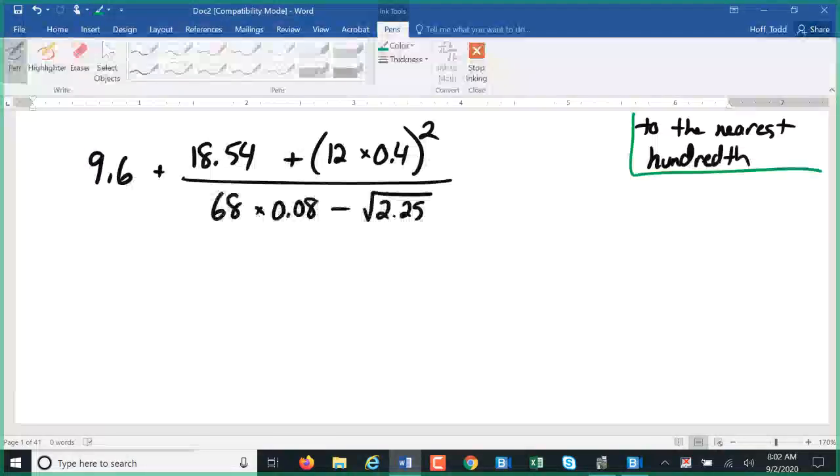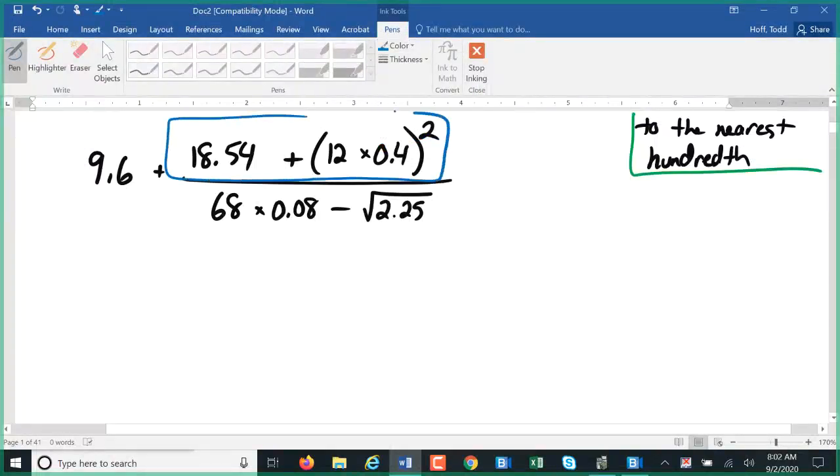So now here we have this fraction bar, which is an enclosing symbol. So we're going to have to do everything on top of that fraction bar first. So I'm going to write that off to the side over here.